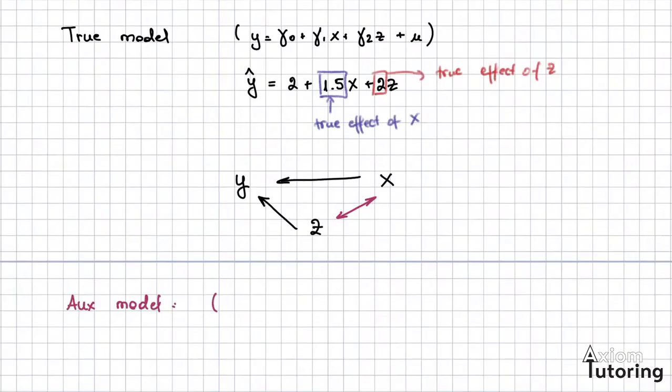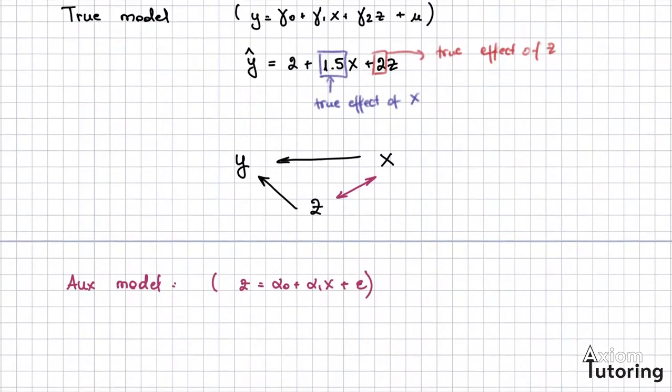In the previous video, we wrote that simply as z equal to alpha 0 plus alpha 1 x plus an error term. So let's assume for a moment that we have estimated z hat equal to 1 plus 0.5x.